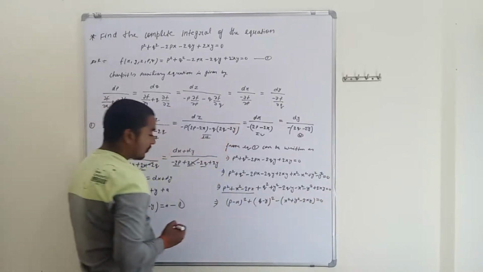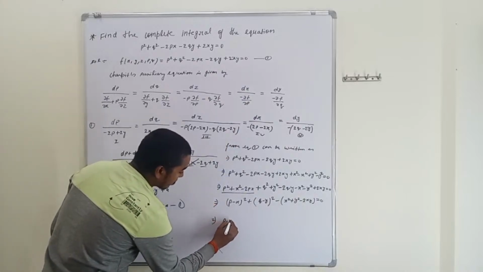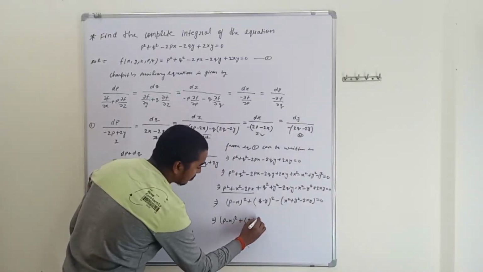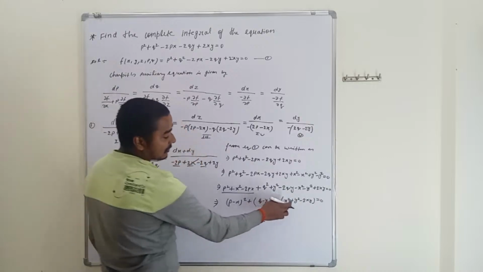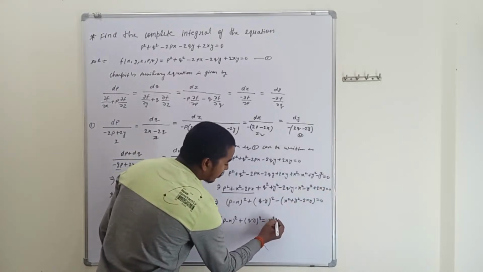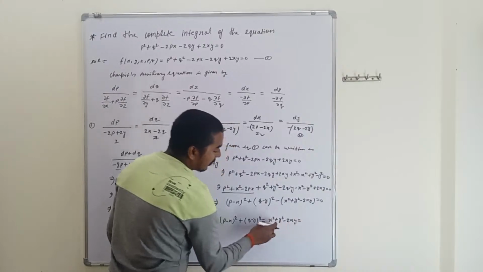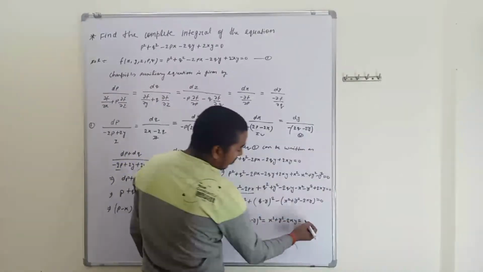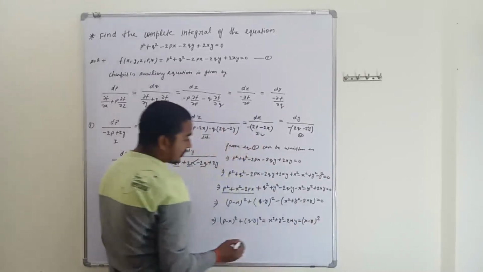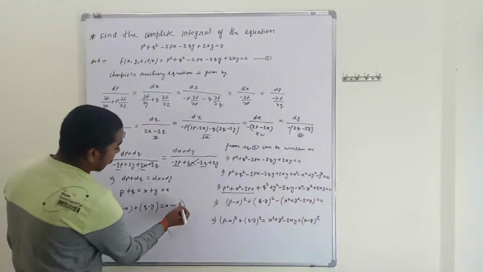From here we can also write that p minus x whole square plus q minus y whole square, and minus x square plus y square minus 2xy is taken into the right hand side, that is plus x square plus y square minus 2xy, and we can also write x square plus y square minus 2xy is x minus y whole square. Let this be equation first, this is second and this is third.